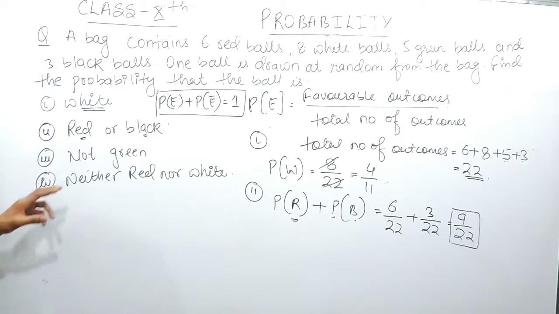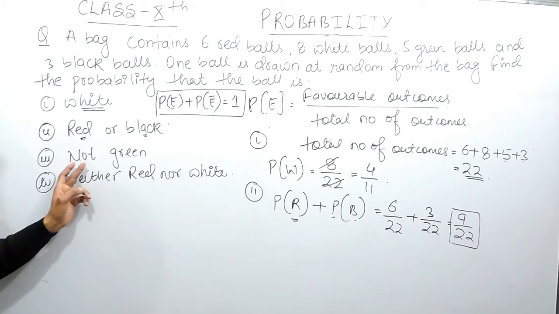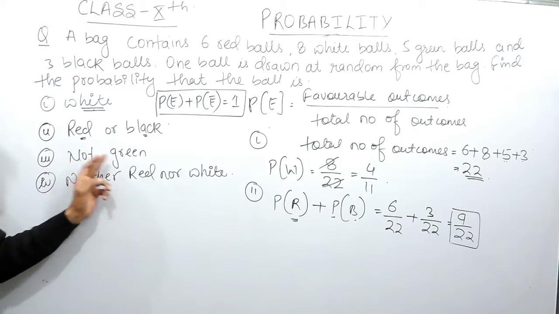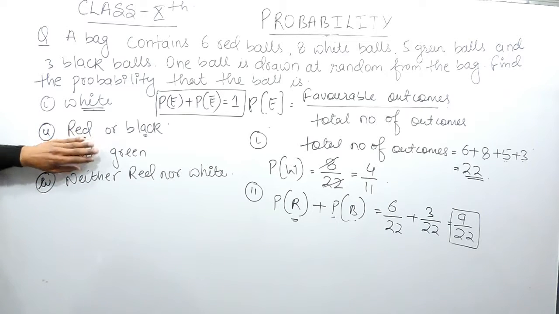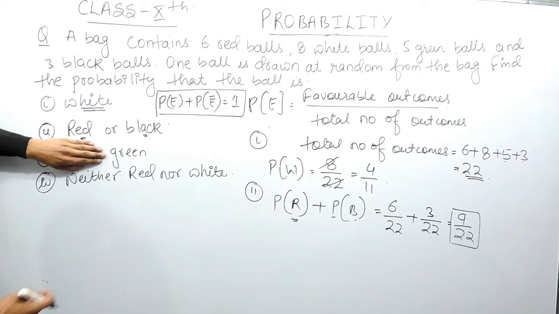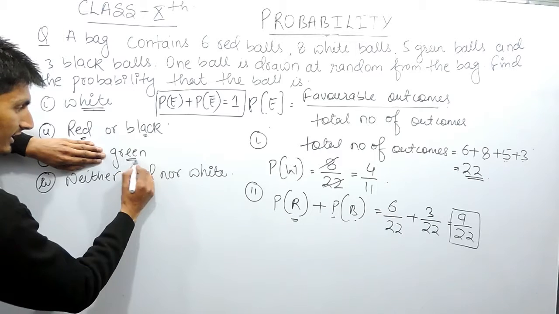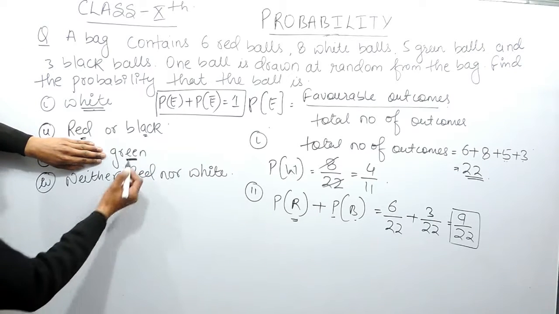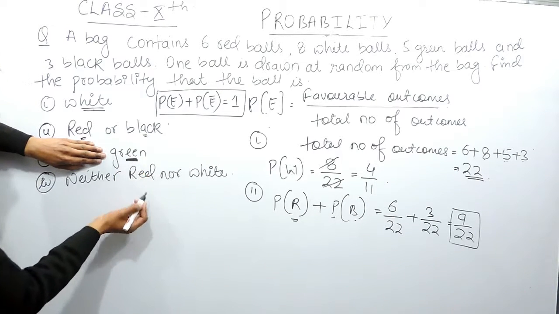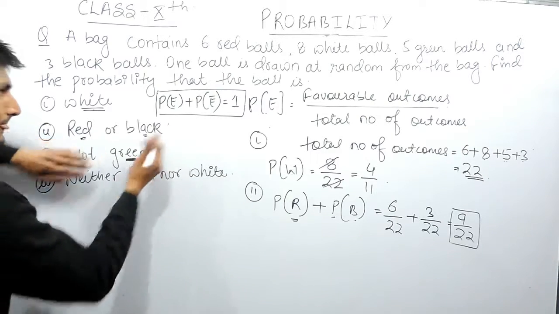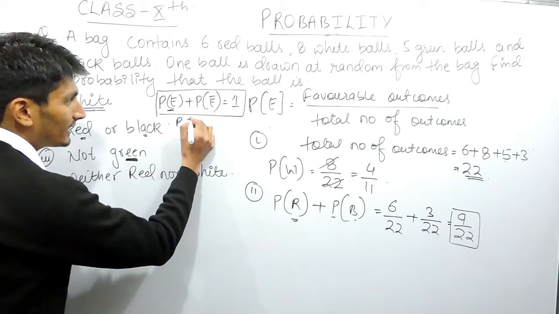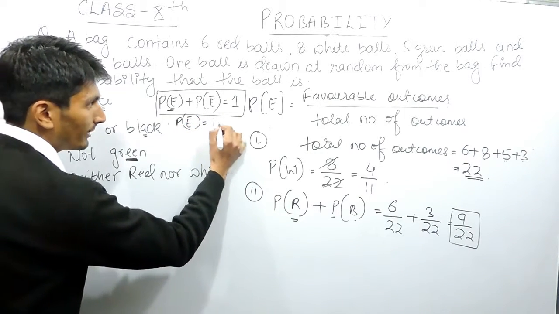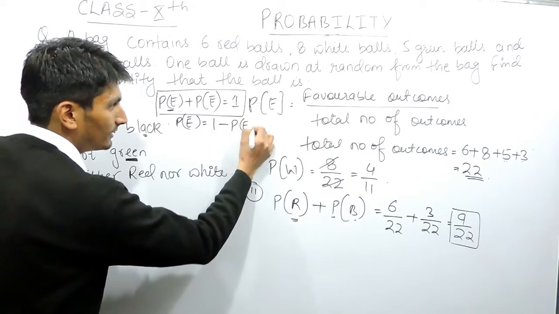Now if I want to find the probability of green not coming, instead of calculating for not, we can find the probability of getting green, and then the probability of not getting green will be equal to 1 minus the probability of getting green.